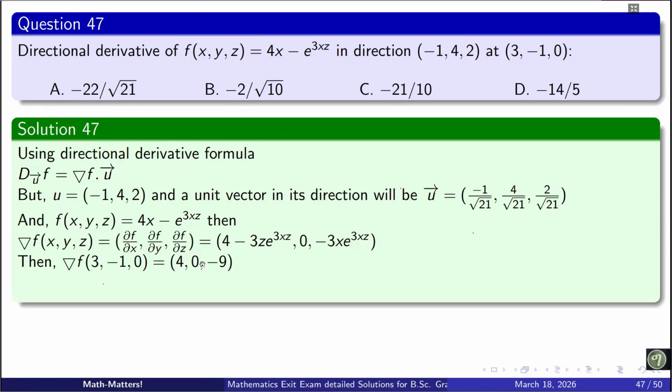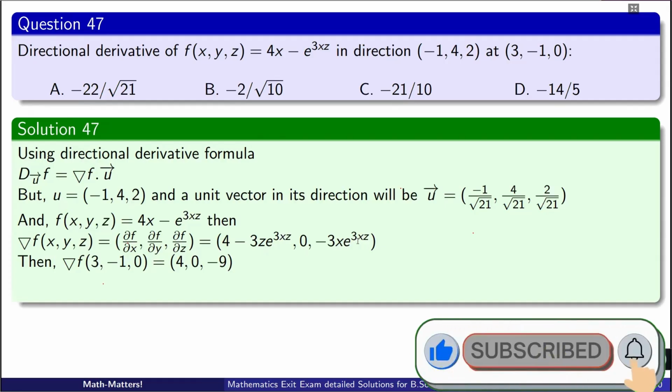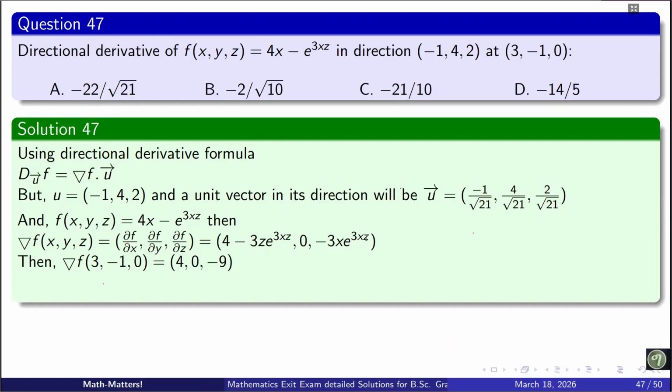The second one is already 0. And the last one here is minus 3 times x. x is 3, so 3 times minus 3 is minus 9. But e to the power of 3xz, since z is 0, becomes e to the power of 0, which is 1. 1 times minus 9 would be minus 9. Therefore, (4, 0, -9) is the gradient of the given function at the point (3, -1, 0).